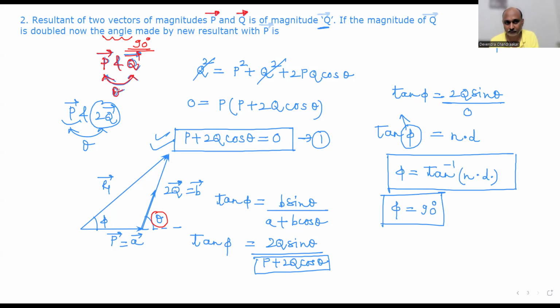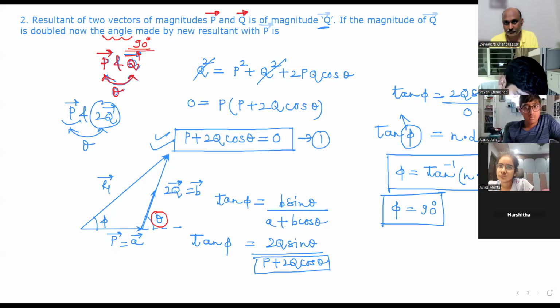Got it? Yes, sir. See, we used it in the triangle law of addition of vectors. Harshita, is that okay? Did you understand this or not? Yes, sir, I understood it.